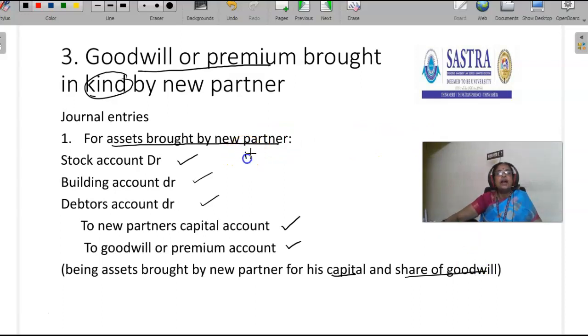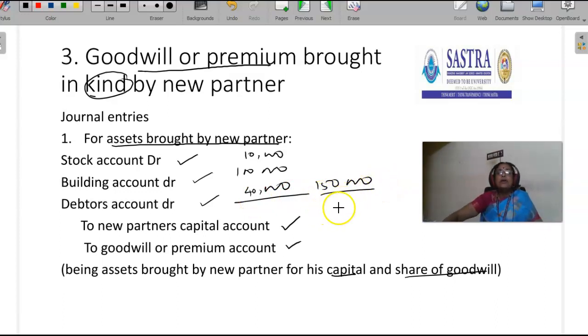Say for example, stock is 10,000 rupees, building is 1 lakh rupees, then debtors is 40,000 rupees. The total assets which is brought by the new partner is 1,50,000. So for capital, he brings 1 lakh rupees and 50,000 he may bring for goodwill purpose.